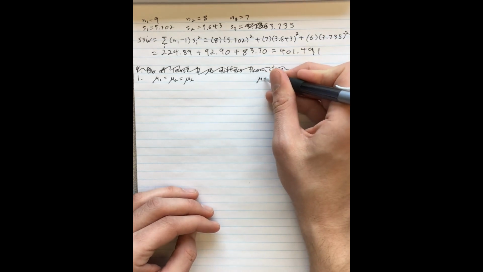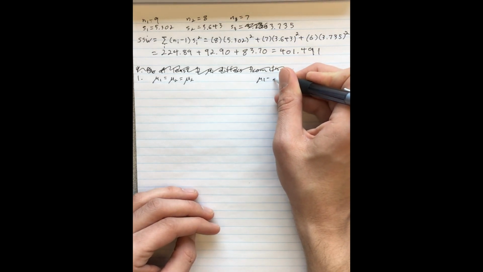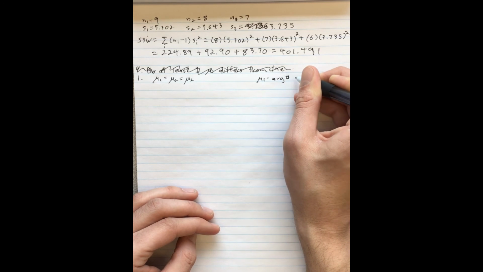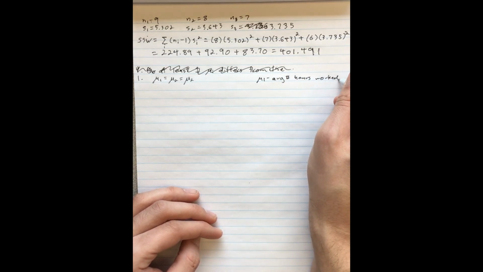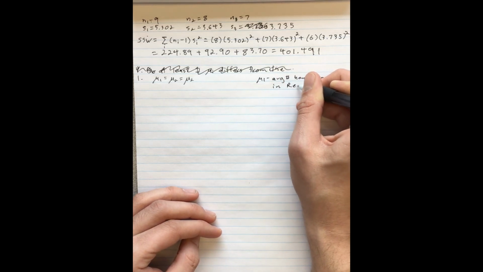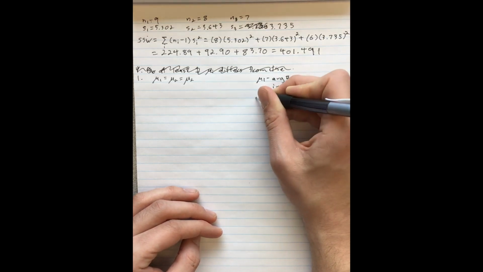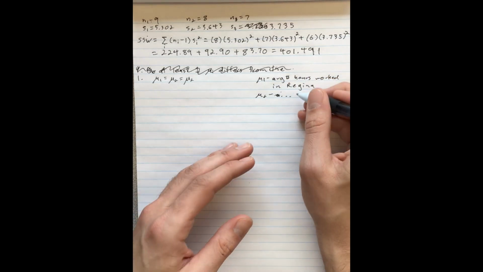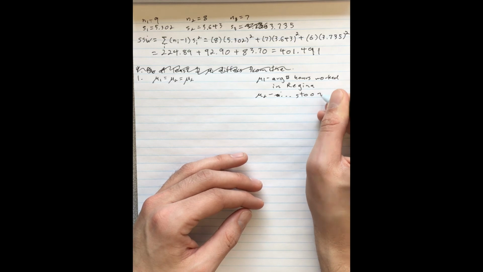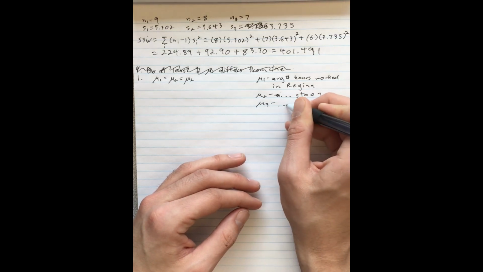We'll say that mu 1 is the average number of hours worked in Regina. Mu 2, analogous, is the same thing in Saskatoon. Mu 3 is the same in PA.